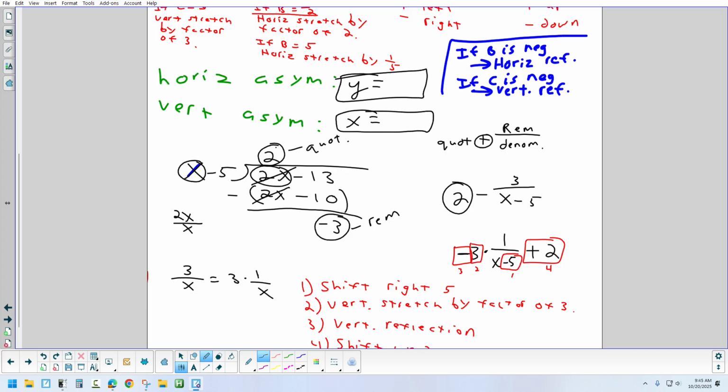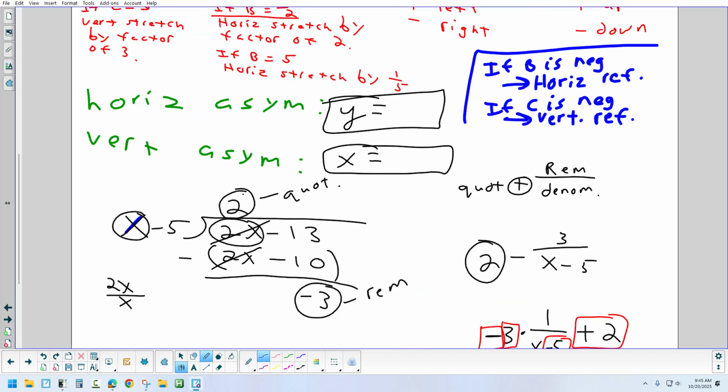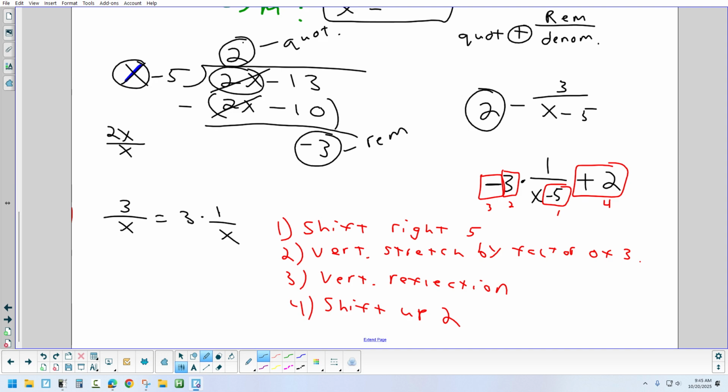And now the horizontal. Let me zoom in on this. Look at this problem. Focus on this fraction first. If x was 1,000,000, and you take away 5, and then you do 1 divided by that, this fraction is going to get very close to what number?